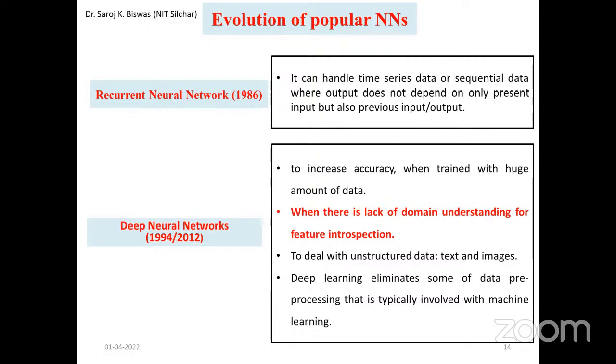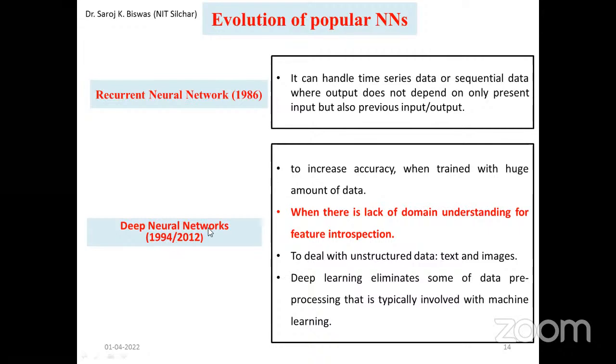And thereafter, if you look at neural networks nowadays, everybody is working with deep neural networks. The concept of deep learning started in 1994, with LeNet, but it became most popular and some of the problems were solved in 2012, when AlexNet came into existence.